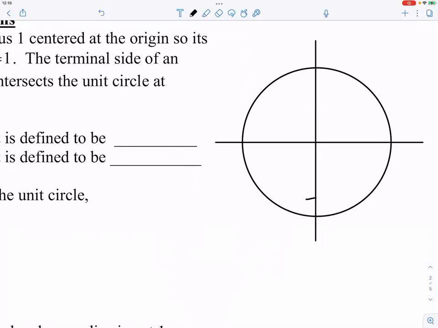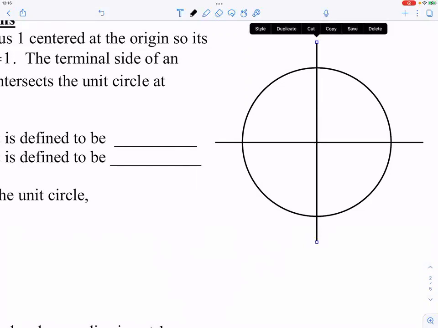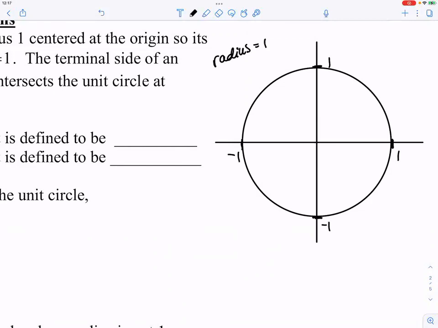Okay. Now, the reason why we call it a unit circle is because it is 1 unit for the radius. The radius is equal to 1. And that's why we call it a unit circle.